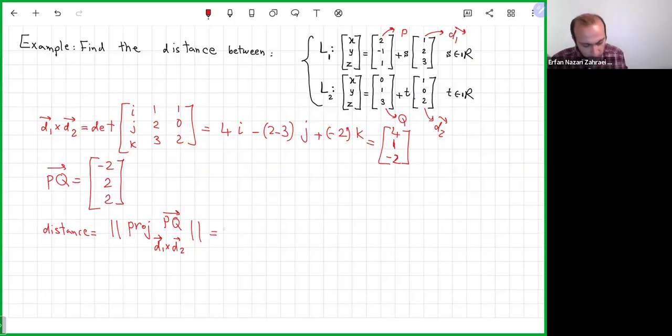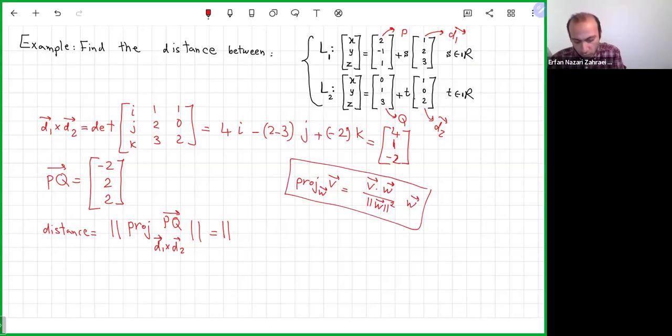Now let me do the computation. Let me recall the formula for projection. The projection of, let's say, V on W is V dot W over the length of W squared, and then W. This is the formula for orthogonal projection. Let me use it.